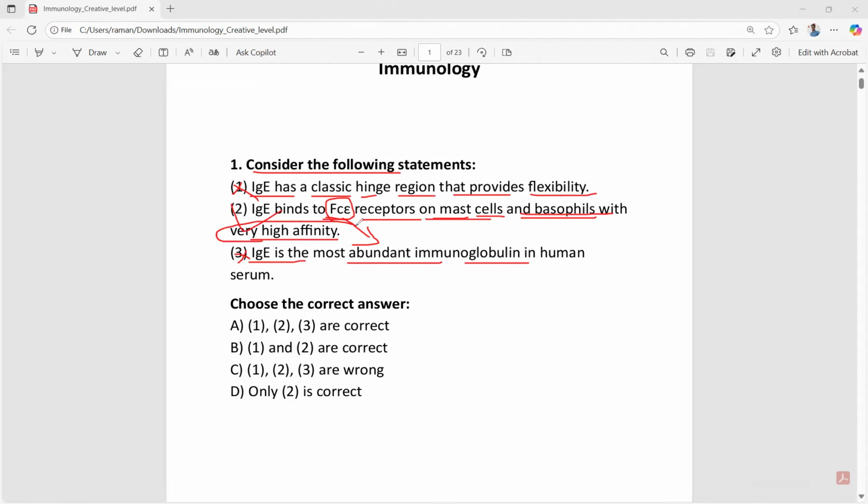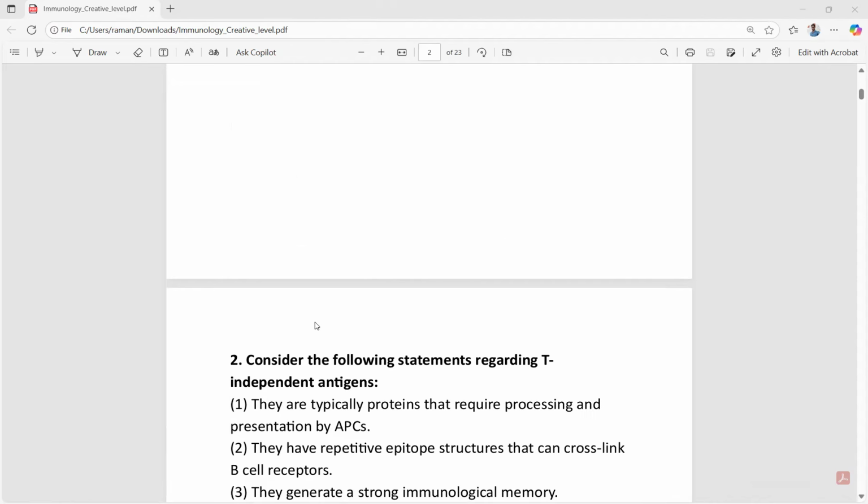So option 2 is the right answer. First and 3 are wrong answers, so option D is the right answer. In statement based questions, there is at least a clue in the question, so on that basis you'll be able to find the track.